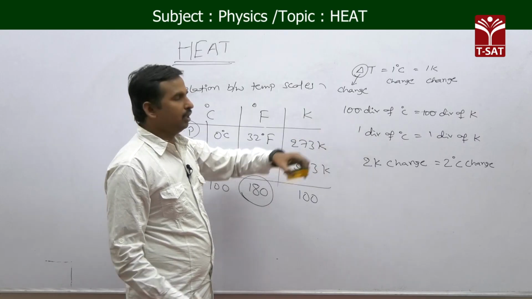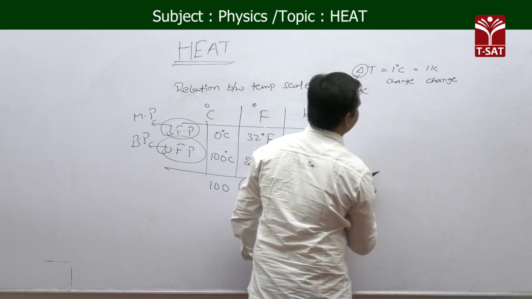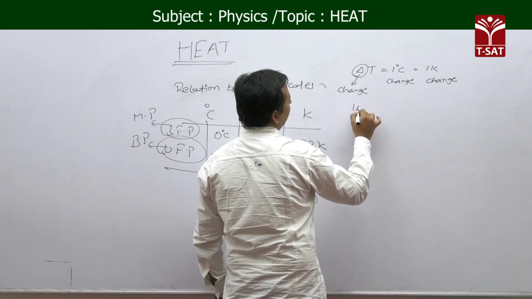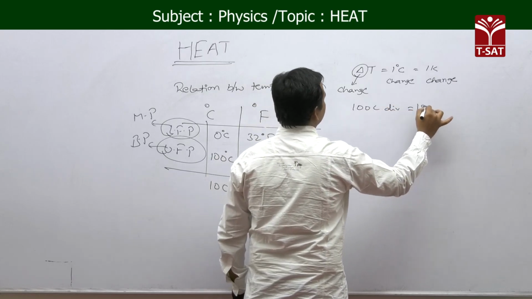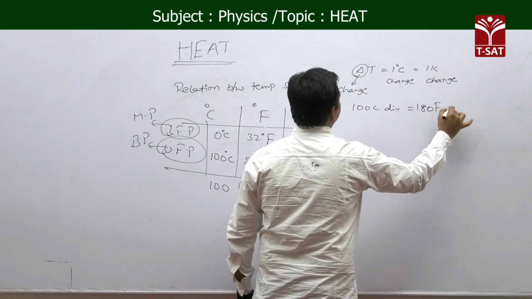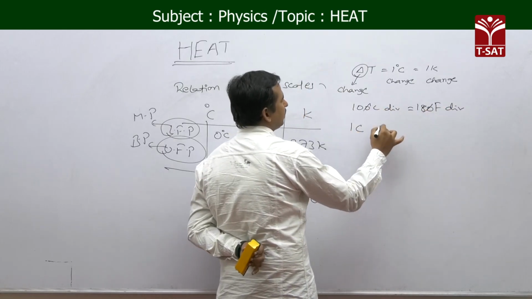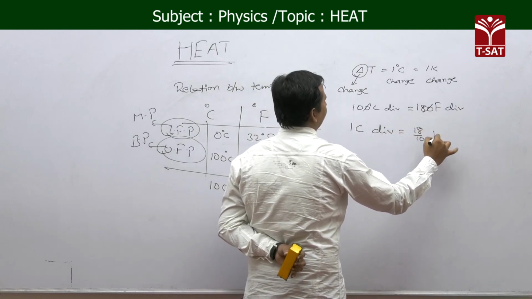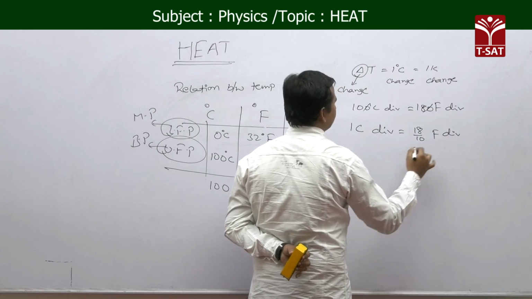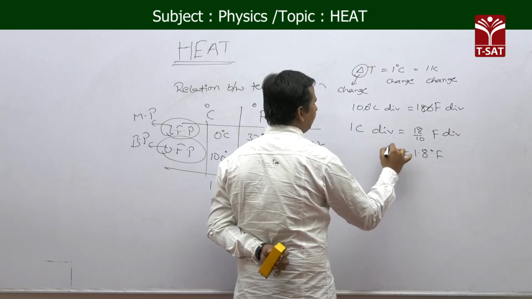In the Fahrenheit scale, 100 Celsius divisions equal 180 Fahrenheit divisions. So 1 Celsius division is equal to 18 by 10 Fahrenheit divisions, which is 1.8 degrees Fahrenheit.